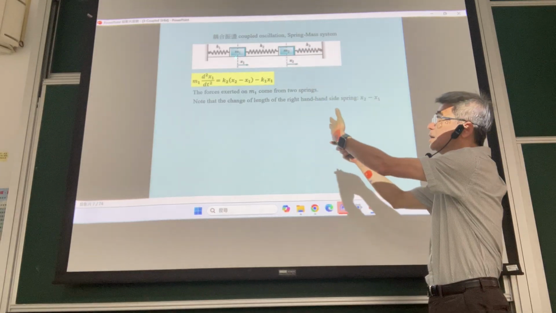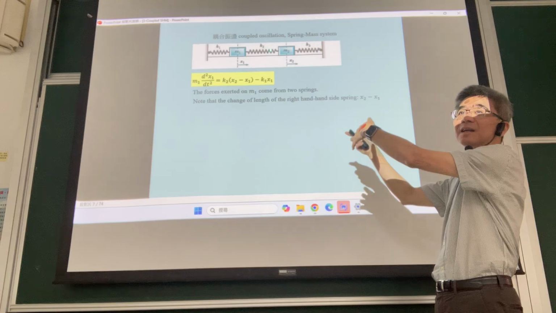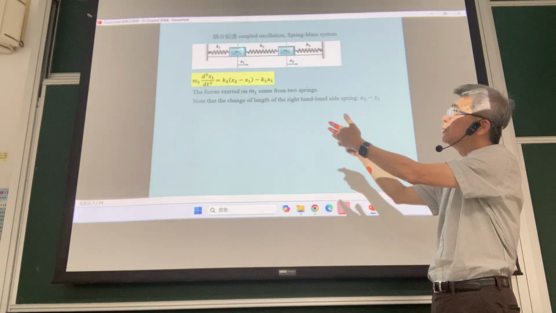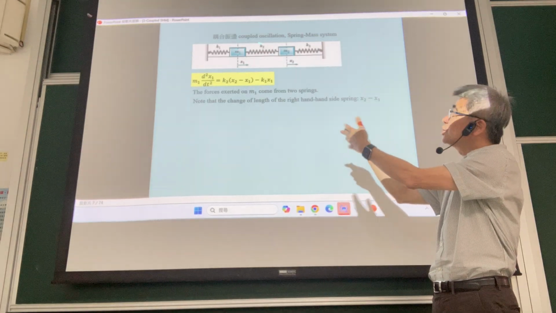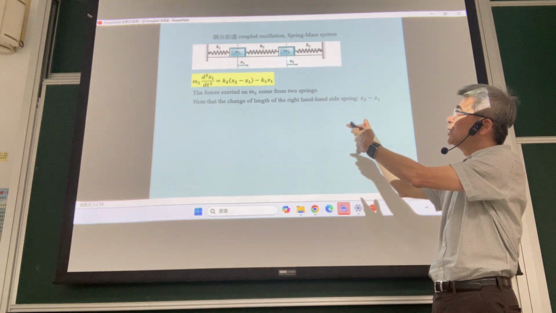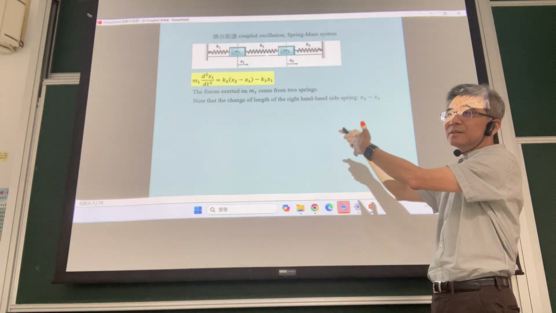However, there is a right-hand side spring exerting another force on M1, which is determined by the change of length of K2, the second spring.